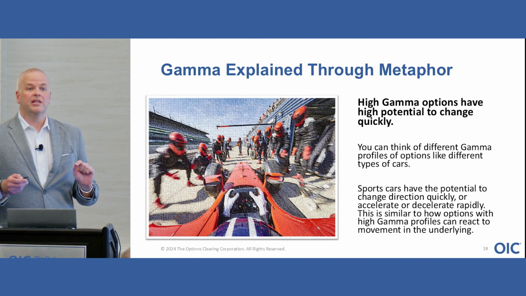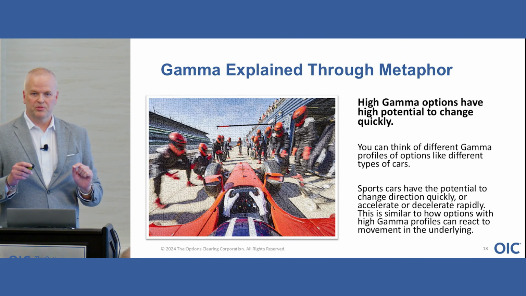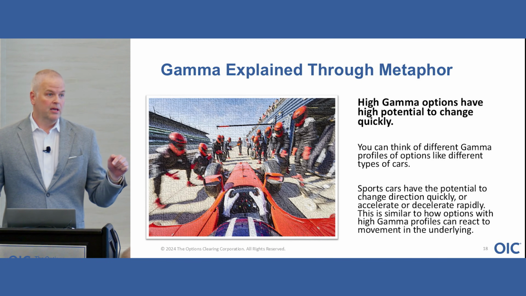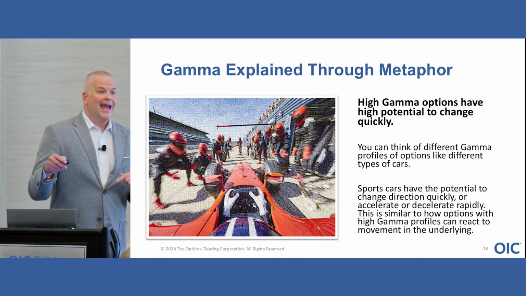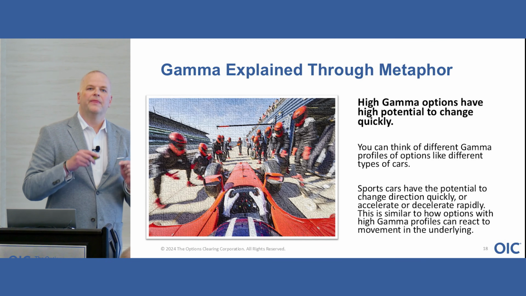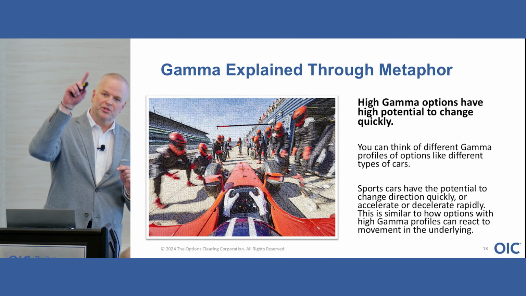High gamma options, like zero DTE options, are options that are expiring potentially today or tomorrow or the next day. As you get closer to expiration, especially with at the money options, their gamma becomes exponential.